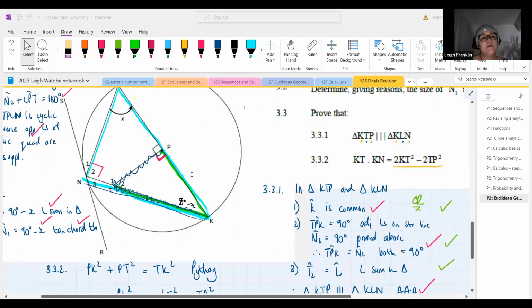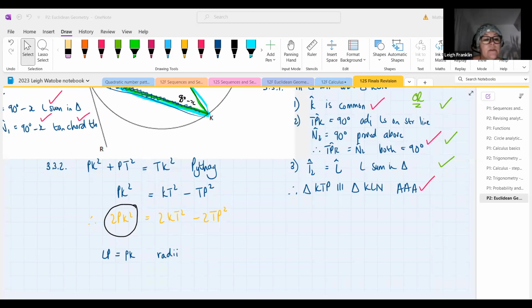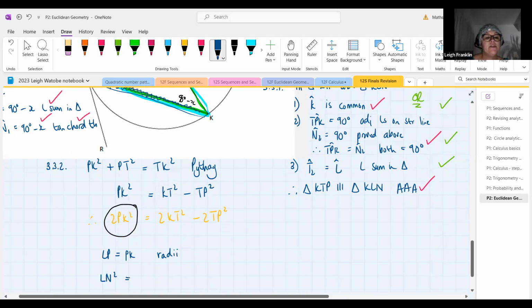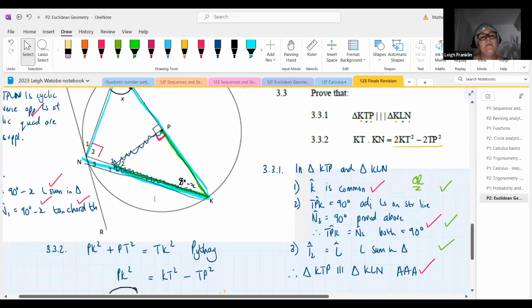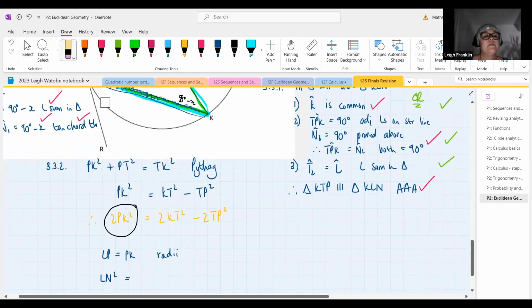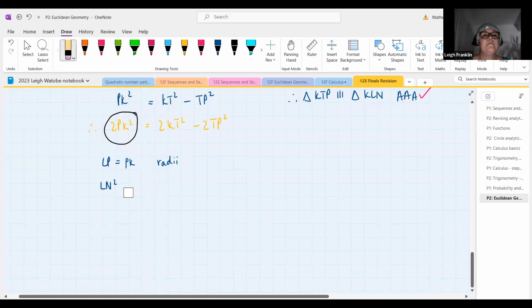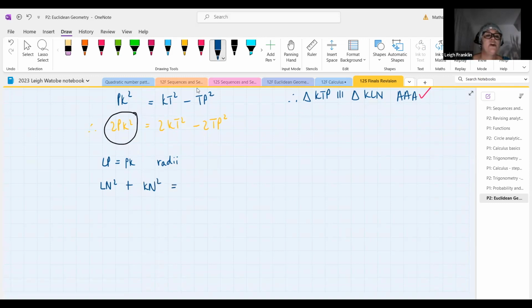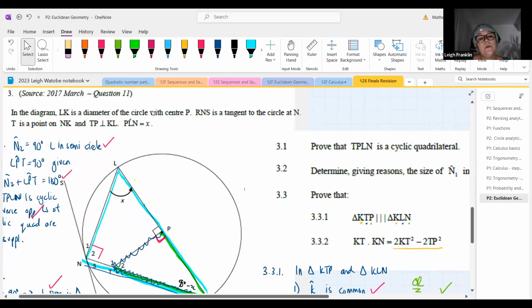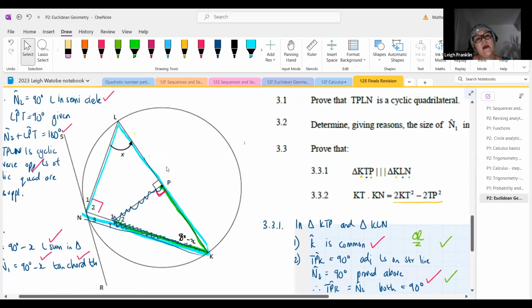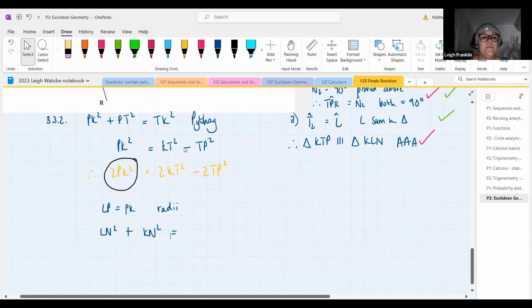So I've got LN squared plus KN squared is going to be equal to LK squared, because of the theorem of Pythagoras.